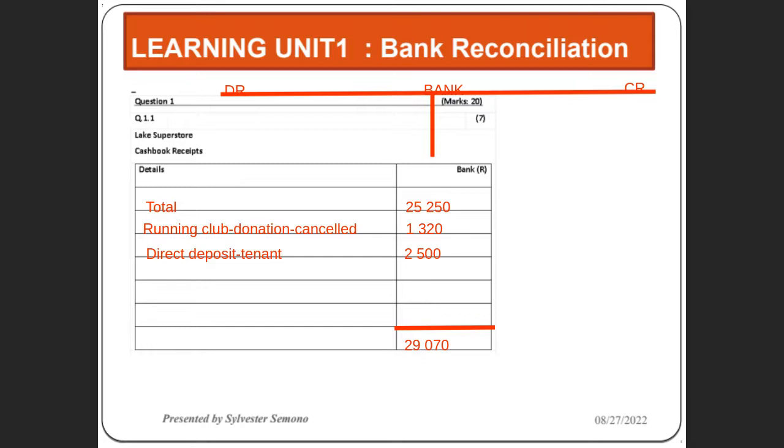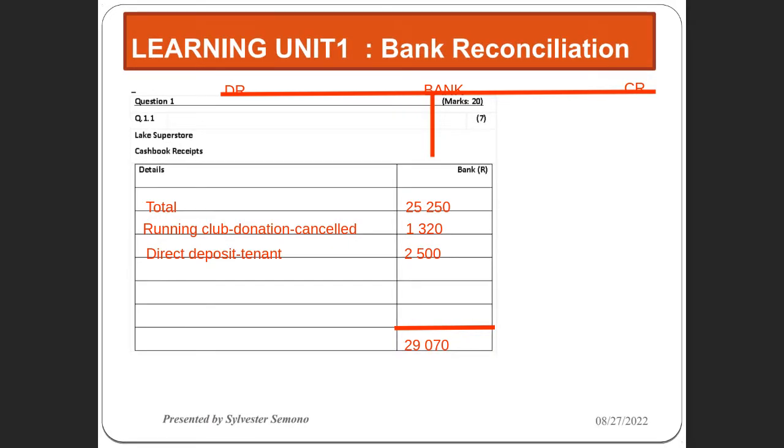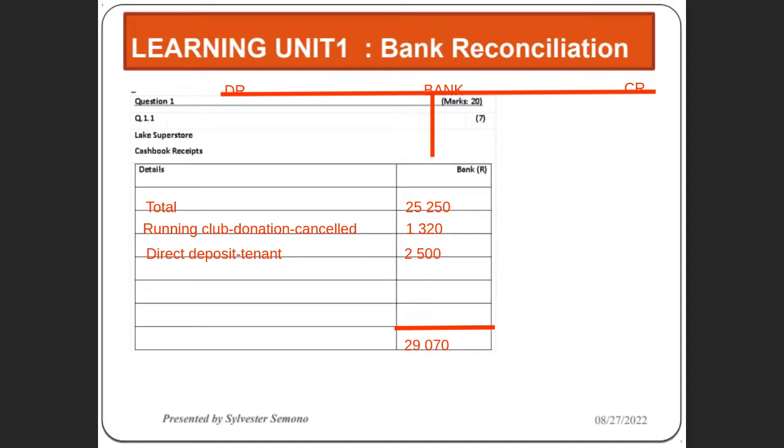So what I'm going to do, on the debit side, I'm going to say 2016, and I'm going to say Feb, the first. I'm going to say balance brought down.